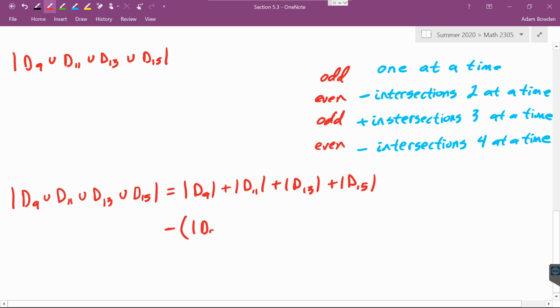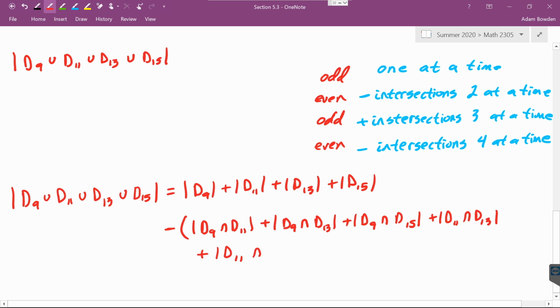So we have to put together D9 intersect with D11, D9 intersect with D13, D9 intersect with D15. We have D11 intersect with D13. We've got to do D11 with D15. And then finally, we can do D13 intersect with D15.